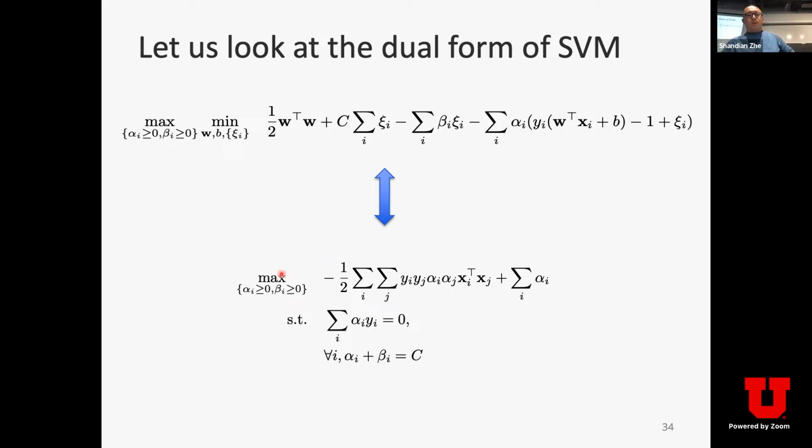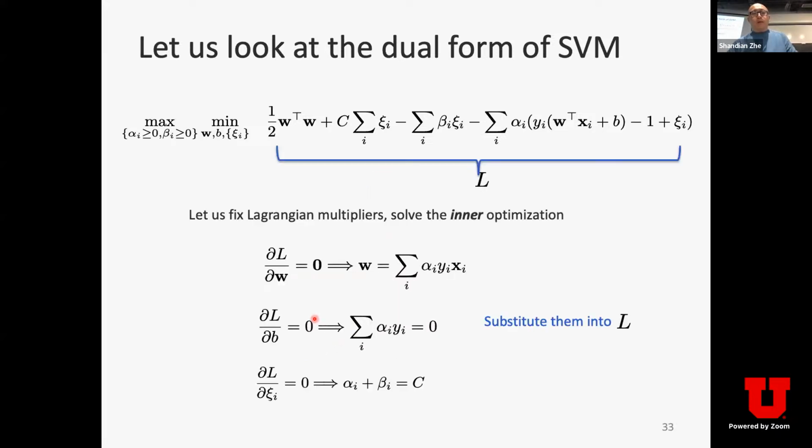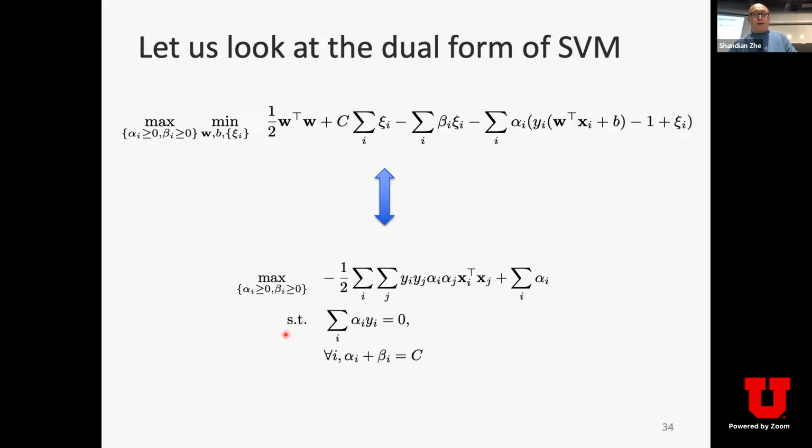This maximization problem is only for the Lagrange multipliers, alpha i's and beta i's, in the outer level. Because in the inner level, I already know what the minimum value of L with respect to the model parameters is. But meanwhile, because this minimum value is achieved when those equalities hold, which come from the gradient being zero, I have to respect these equalities as constraints.